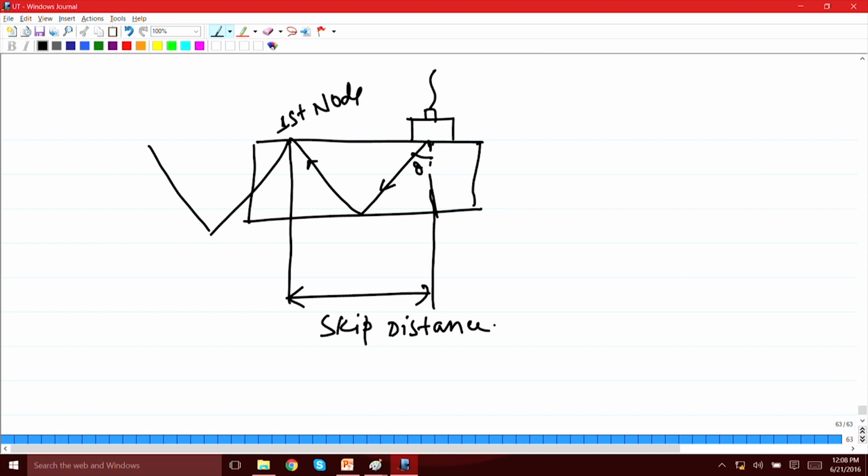Okay. So, this point where it hits the back wall, that is half of it. So, that is half skip. Okay.